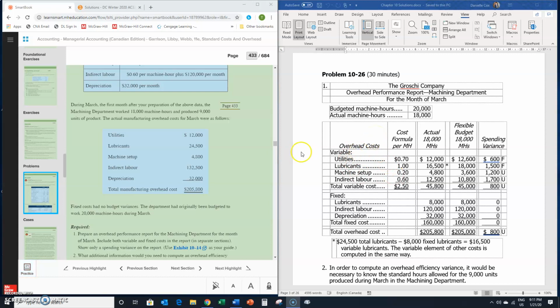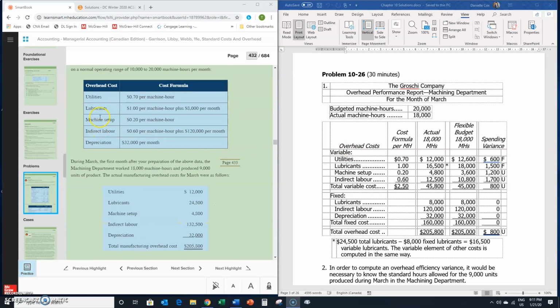So we're given all of our costs, utilities, lubricants, machine setup, indirect labor, and we're given here the amount per machine hour. So 70 cents per machine hour, $1 per machine hour, 20 cents per machine hour, 60 cents per machine hour. This is what we're going to put up in our variable costs section.